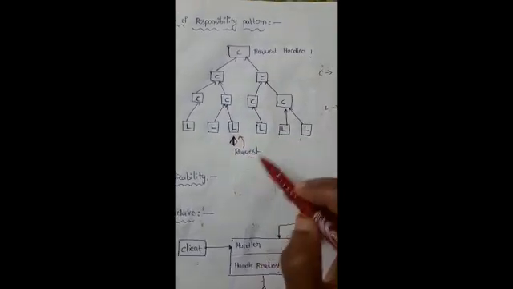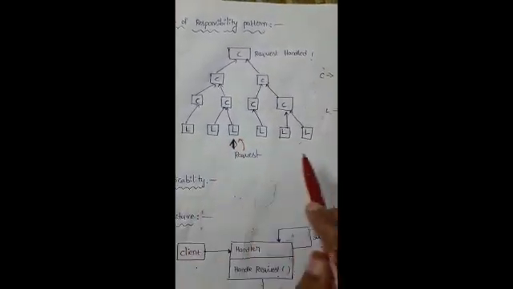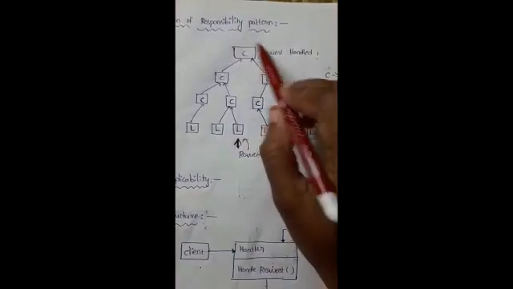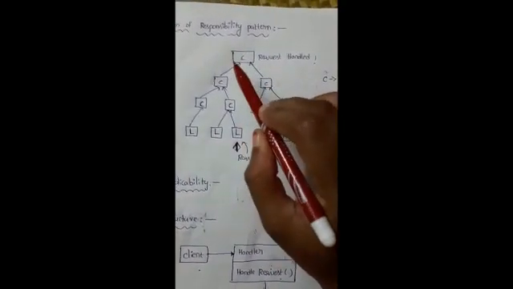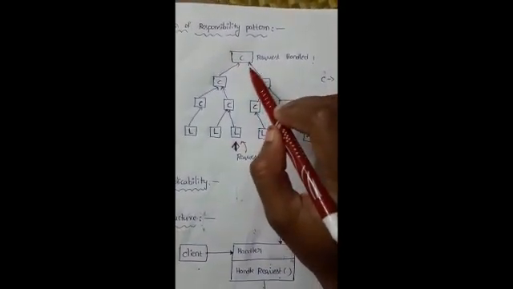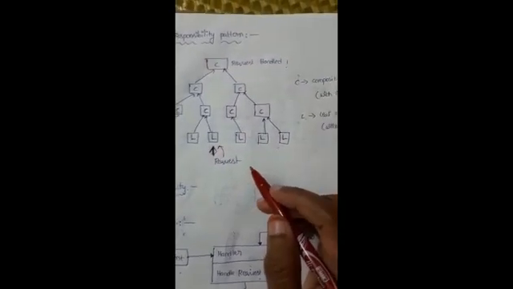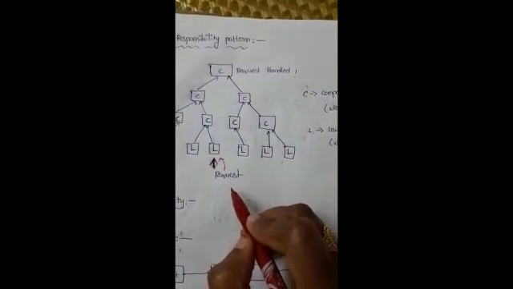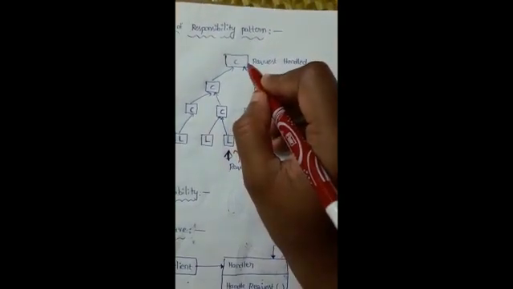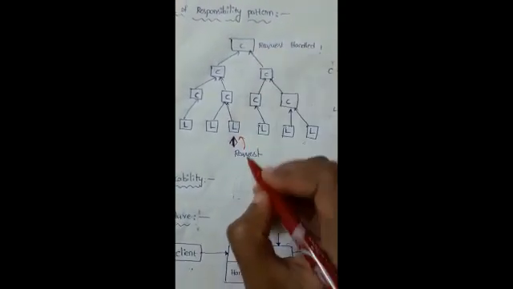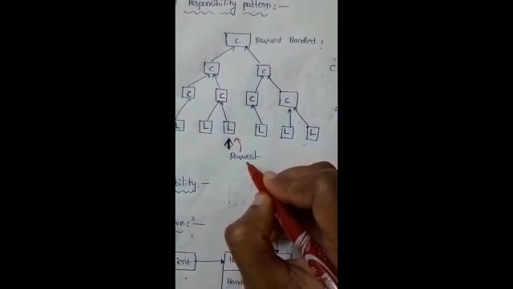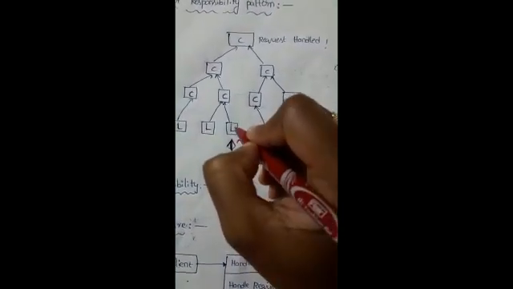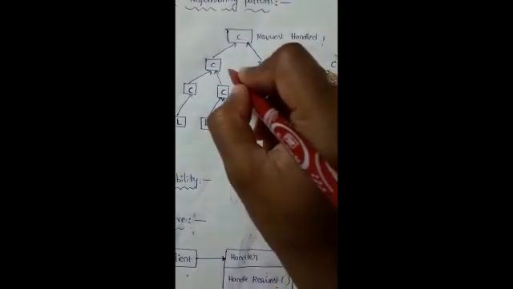This is the root component. This is the request starting point. The request is started at the leaf node and reaches the root component, that means the place where the request is handled. So at first it starts here, and it moves from here to here, and here to here, and then finally here to here.